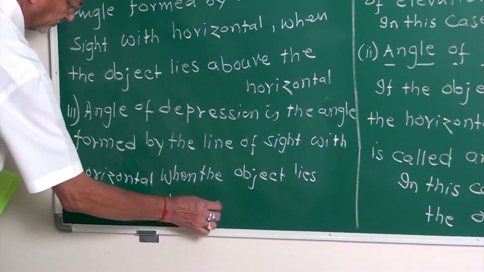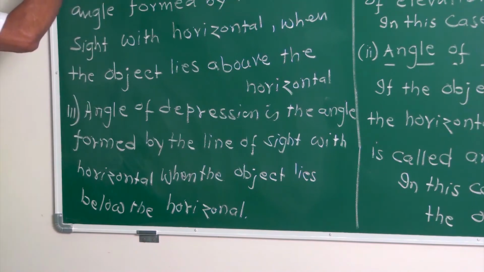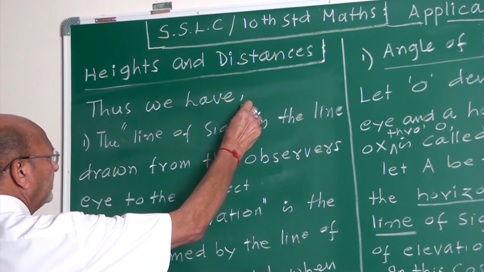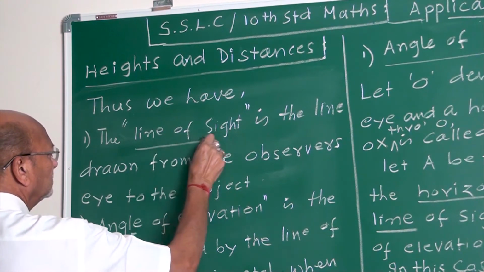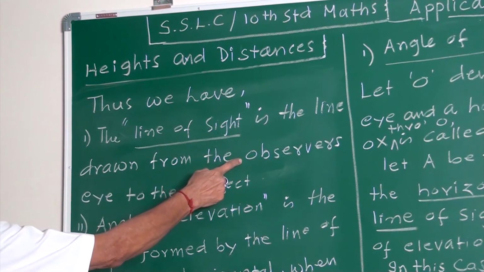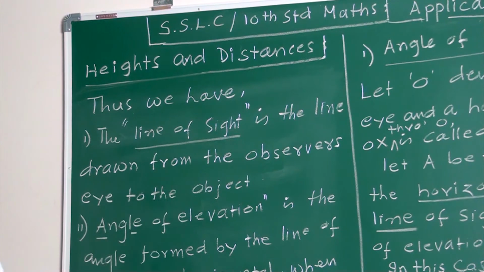Yes, my friends. Sometimes they may ask, define the line of sight, a definition for 1 mark. What is the line of sight? It is the line drawn from the observer's eye to the object. It is a line segment.